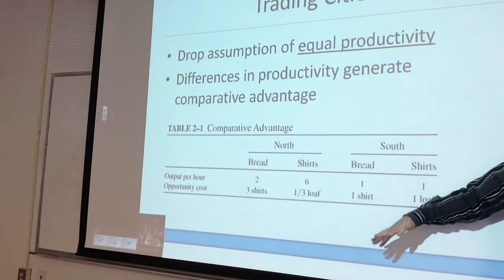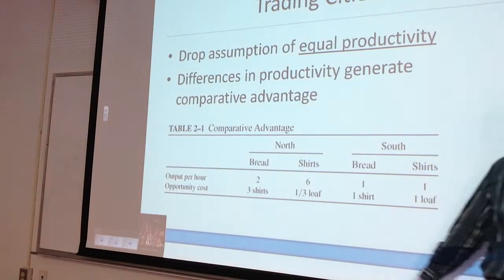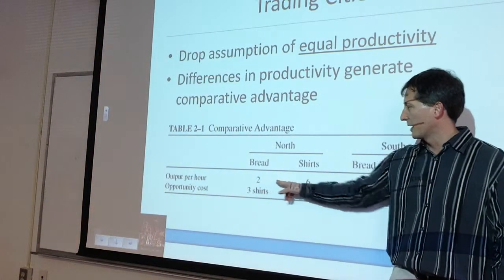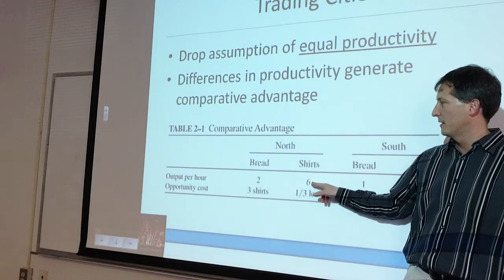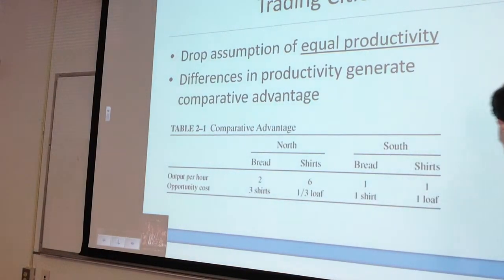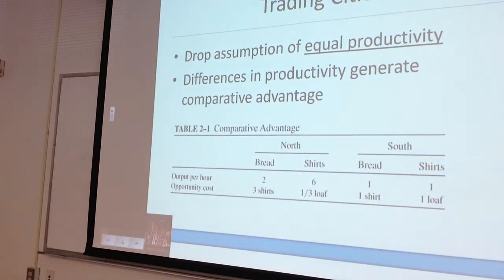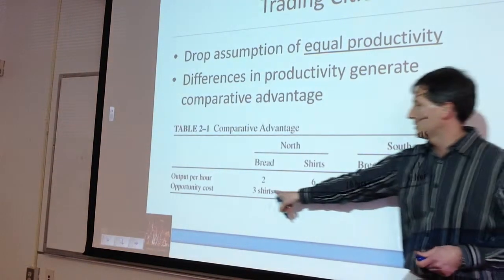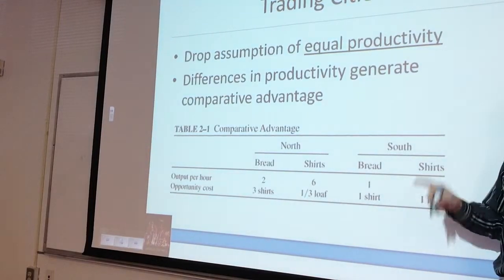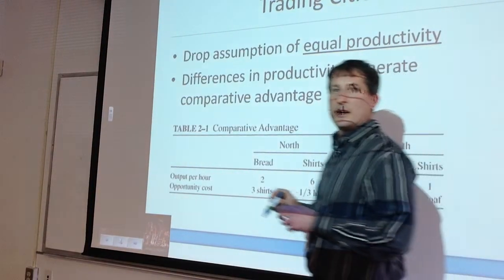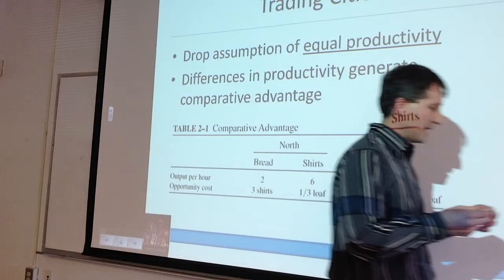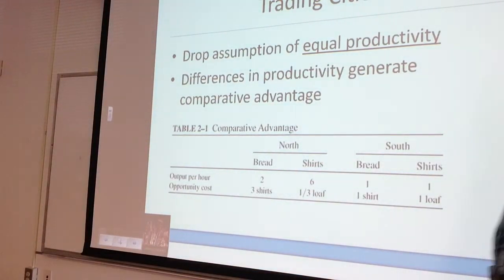Then leads to our calculation of the opportunity cost, is that if one worker can do 2 or 6, then we can do our equation there of 2 bread equals 6 shirts. I want the cost of a bread. Divide by 2, divide by 2, we get 3 shirts. And so I like to think of it as that. That'll be also helpful when we start thinking about prices and cost.